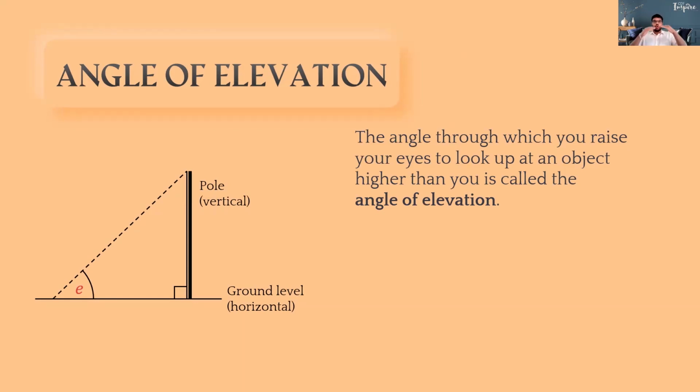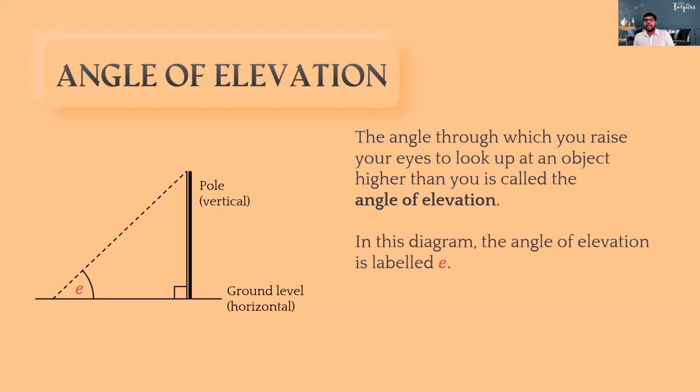That means, children, you're looking at ground level, and to look up at the light you look upwards. That angle that you look up is called the angle of elevation. In this diagram, the angle of elevation is labeled E, the angle you look upwards at the top of the pole.